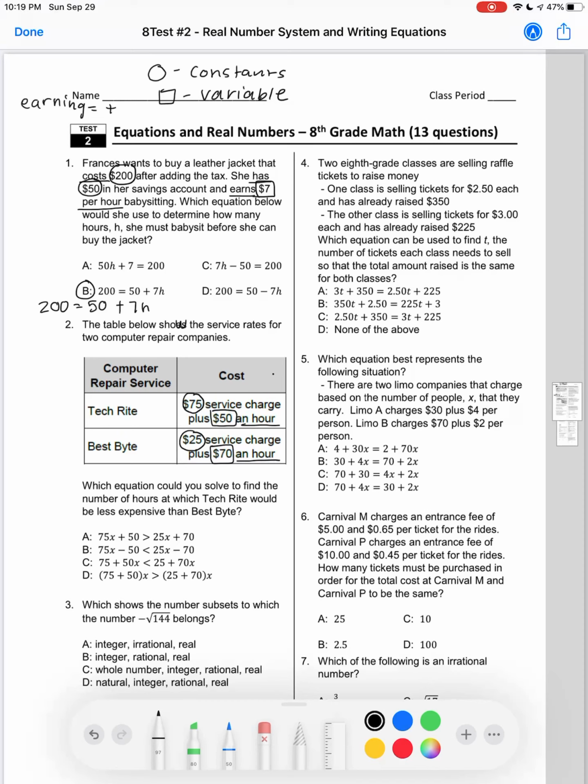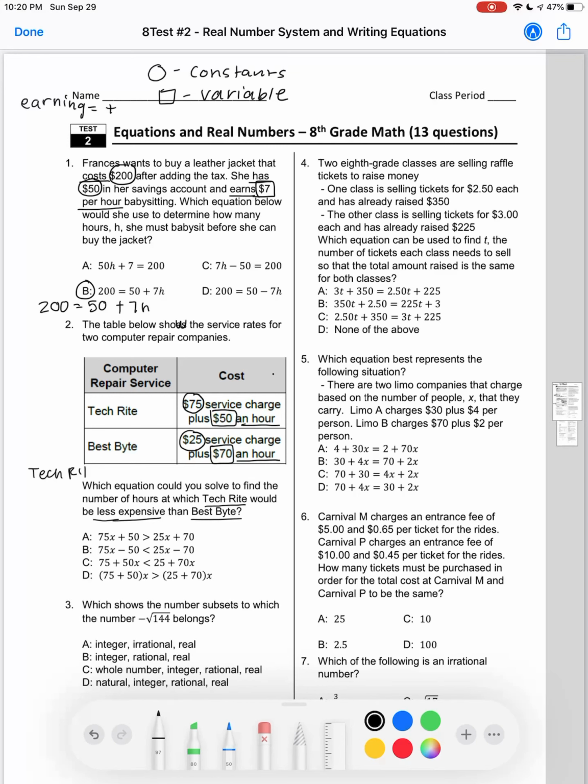So which equation could you solve to find the number of hours at which TechRite would be less expensive than Best Bite?